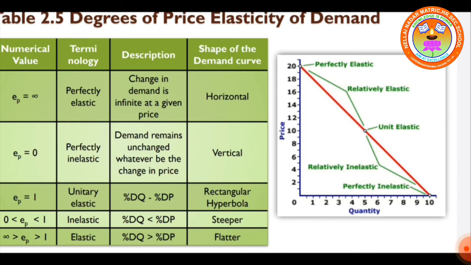That is called a rectangular hyperbola. Then less than 1 is steeper, and greater than 1 is flatter. These are the important degrees and shapes of the demand curve. All of you understand, children?